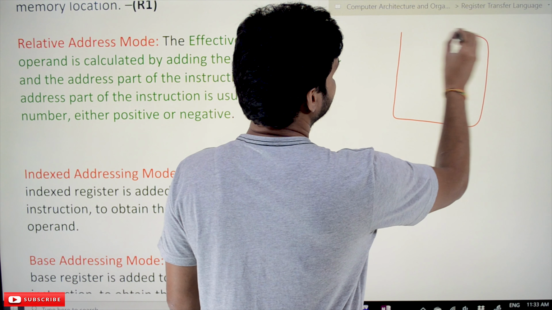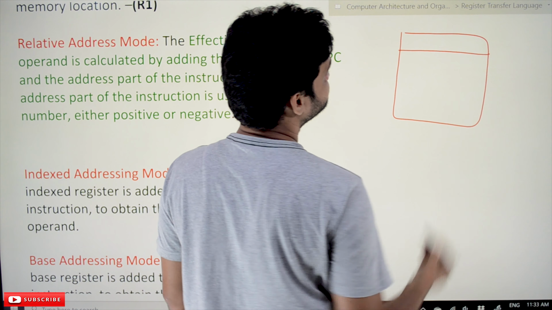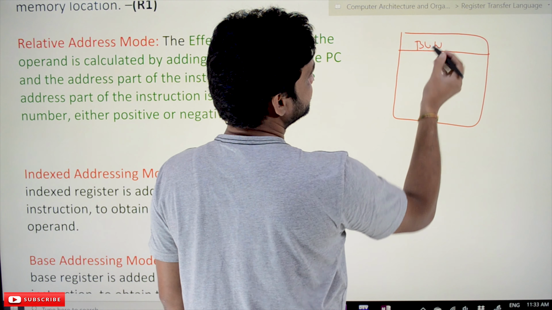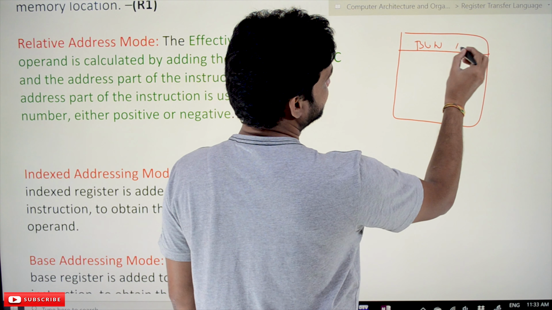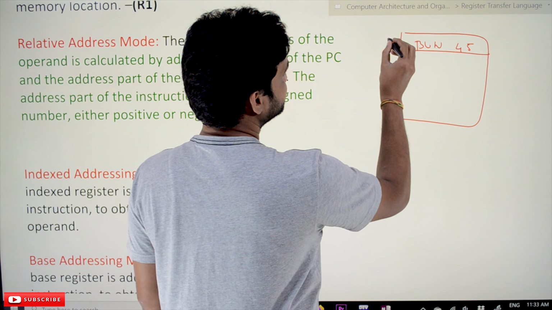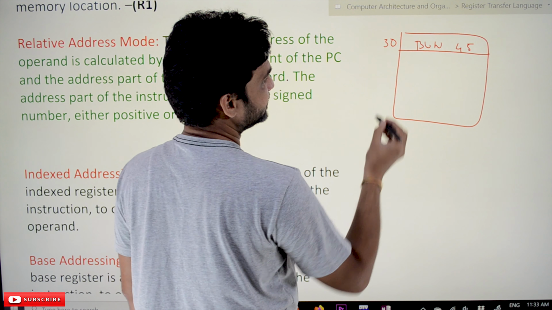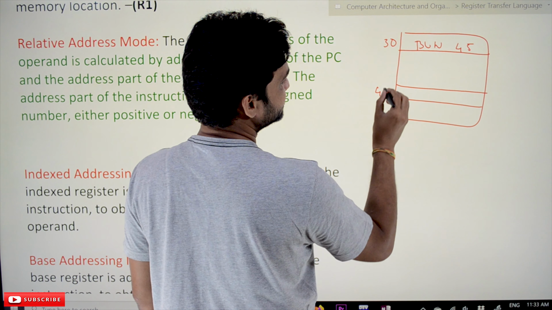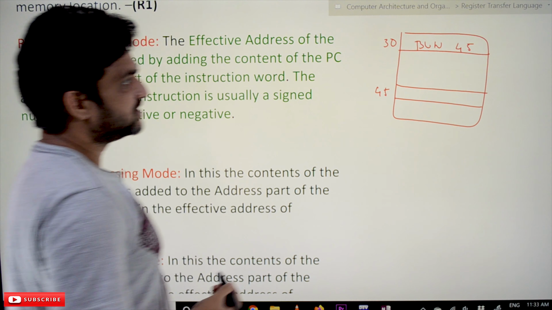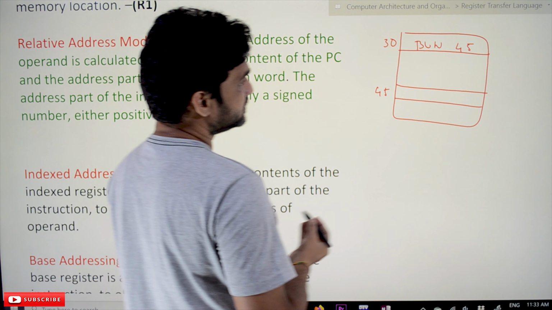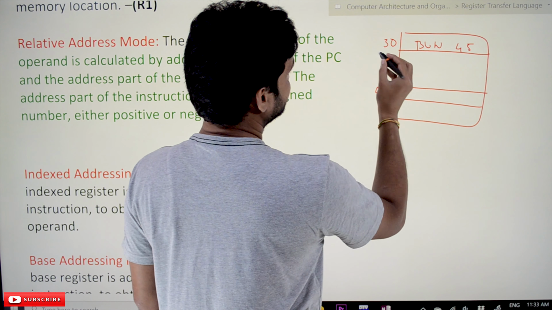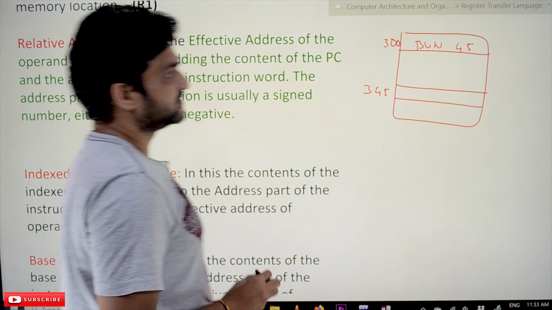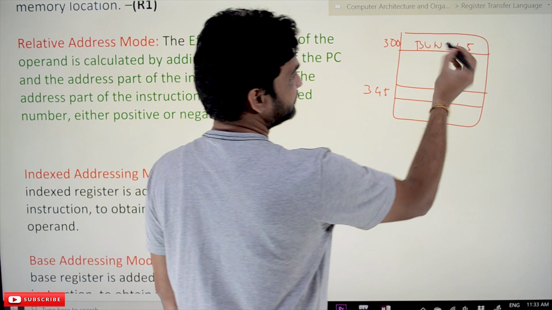For example, if the instruction here is branch unconditional 45 and this instruction is at location 30, somewhere here in the memory we are having the location 45. Let's take a bigger number. So it is 345. Here we are having 345.